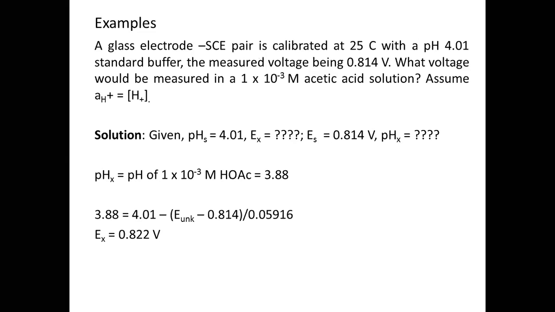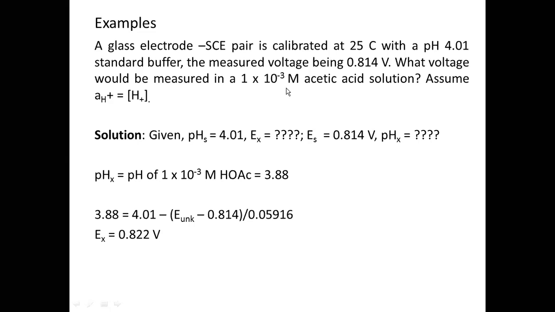Similarly, the pH of the acetic acid solution can also be recorded. A glass electrode and saturated calomel electrode pair is calibrated at 25 degrees Celsius by using 4.01 standard buffer. The EMF for the standard is 0.814 volts.